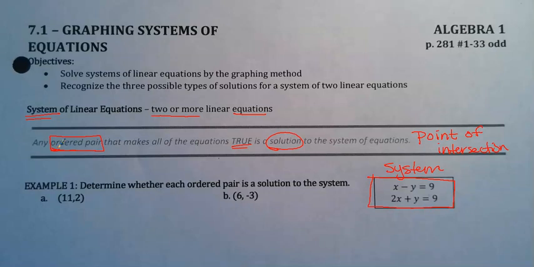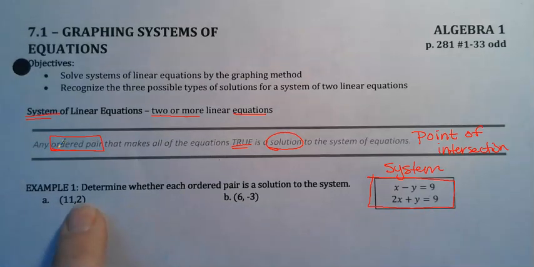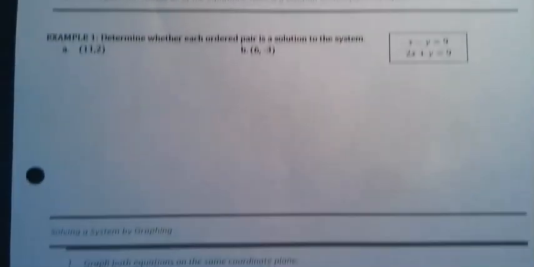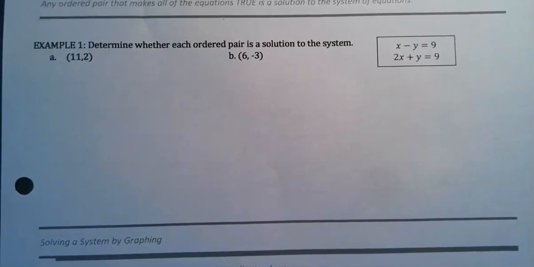So in example 1, first of all, we want to determine whether each ordered pair is a solution to the system. That's all we're going to do: is this ordered pair a solution to this system? Okay, so we are going to plug that x and that y value into each of those equations.